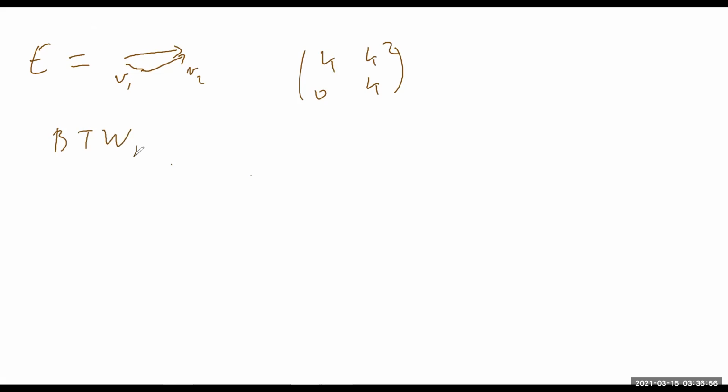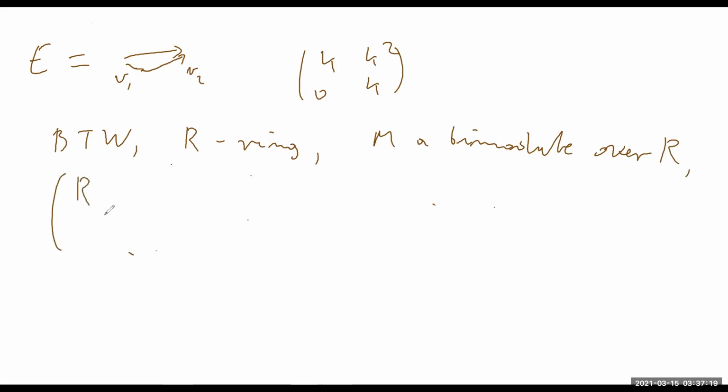By the way, if R is a ring and M a bimodule over R, then we have a natural ring structure on such upper triangular matrices: R, M, 0, R. Why?